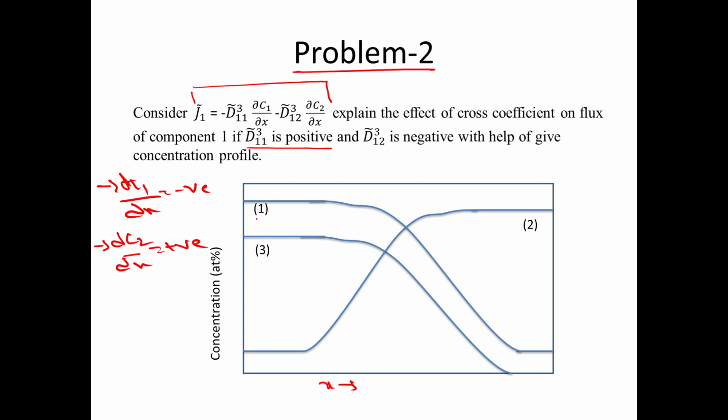If you move from left to right and the concentration is reducing, then the concentration gradient is negative, because if you take the slope at one particular point, it will be a negative value. dC/dx is negative: (C2 minus C1) divided by (x2 minus x1) is negative. For the second component, if it is decreasing from right to left but we are moving in the opposite direction, then its concentration gradient is positive.